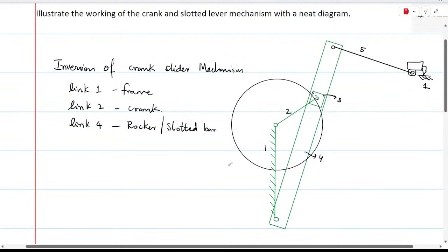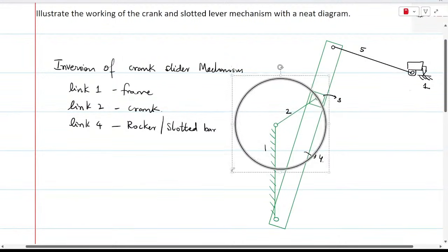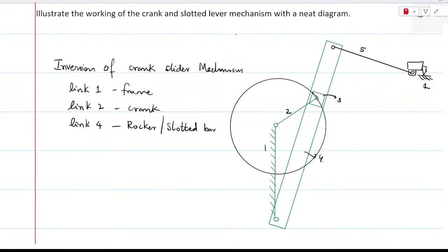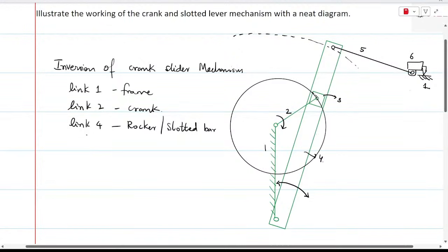This crank slotted lever mechanism is used in the shaper machine. Okay, the locus of link 4 will be an arc like this. It is going to only oscillate to and fro, but link 2 will complete circular motion. And link 6 is going to execute straight line motion.